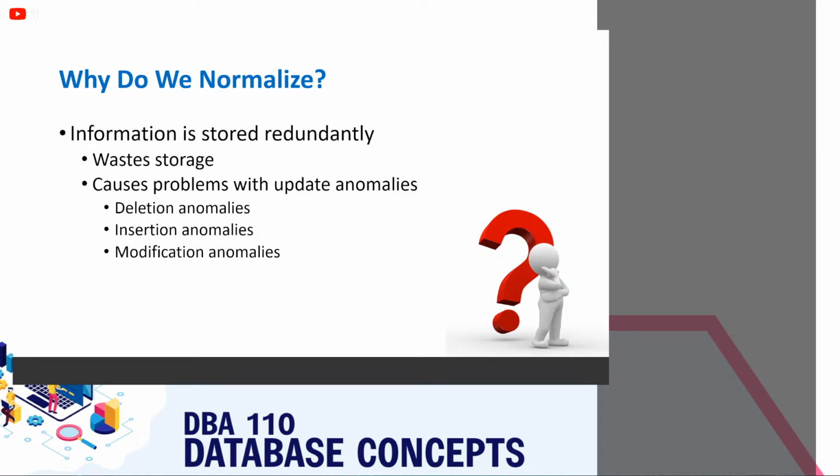Because when it comes to deletion and modification anomalies, the big thing about normalization there is that if we are only relying on fully functional dependencies, which we'll talk more about when we get to second normal form and further in third normal form, then we'll be A-okay there.